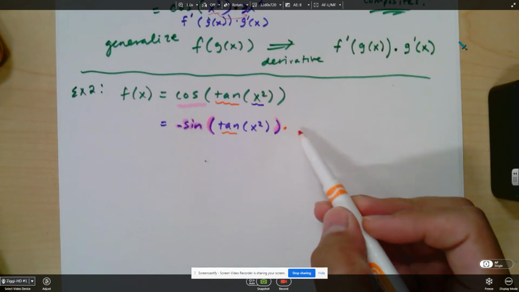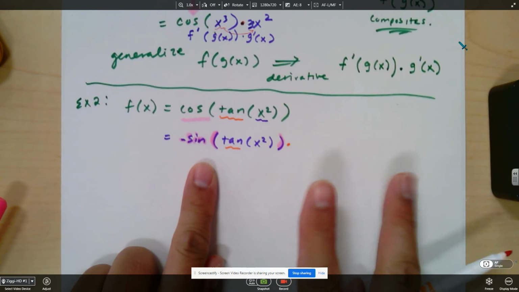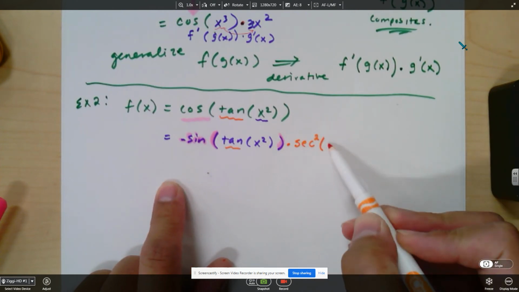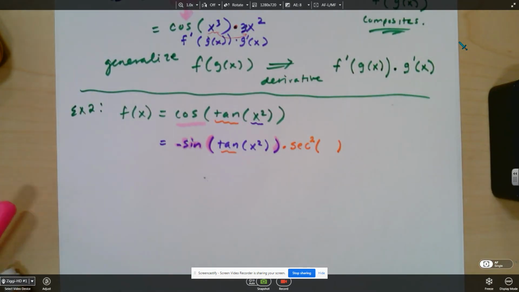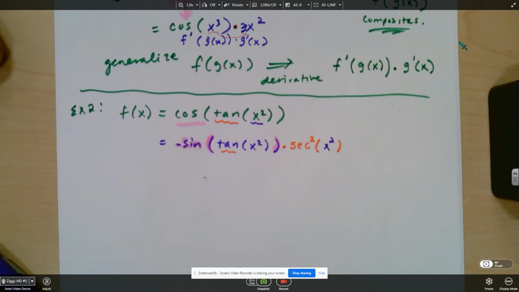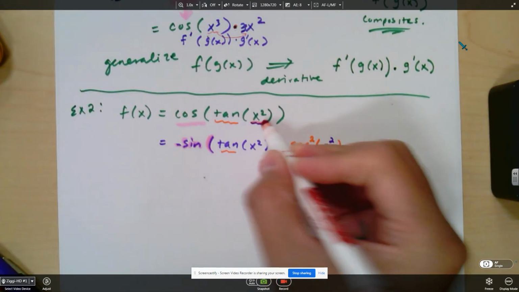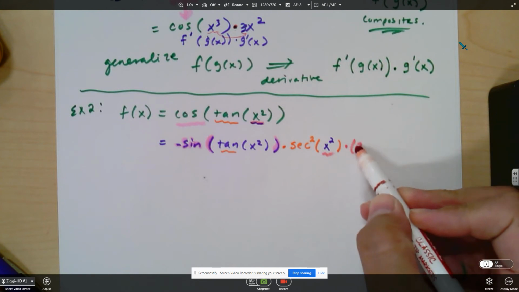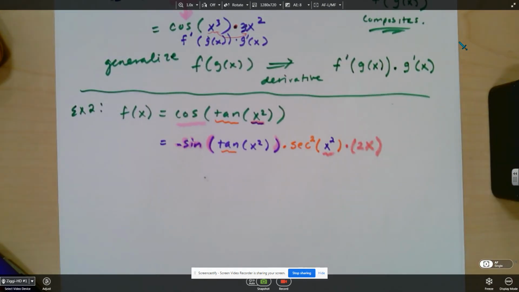So you say times the derivative of tangent is secant squared. Leave the inner piece alone. You still have your x squared. That's the second layer. And then finally, the last layer ends up being that. So you have to keep on doing that layer, which is 2x. And that's your derivative.